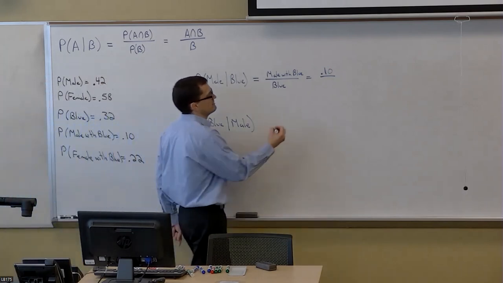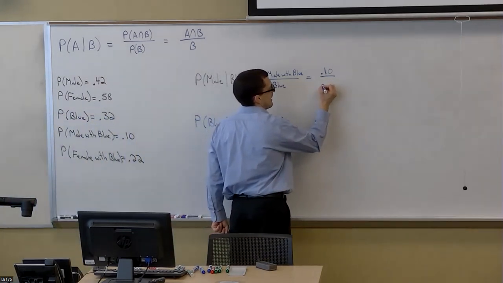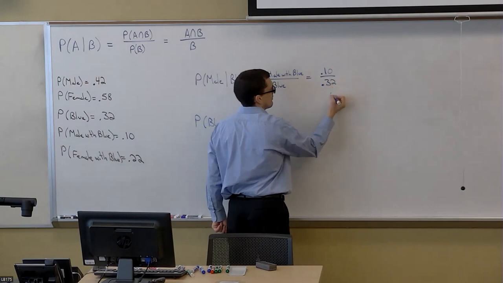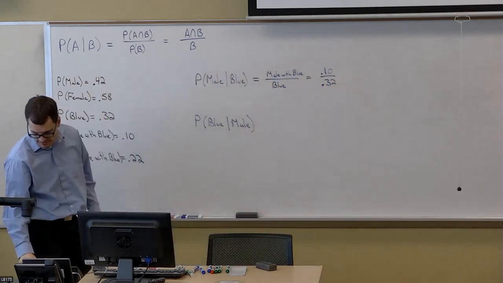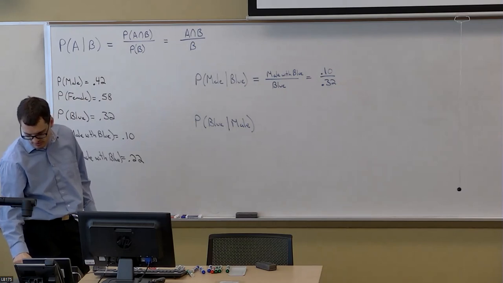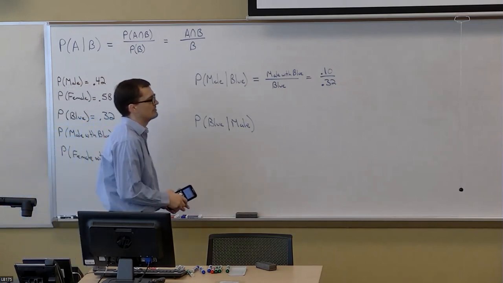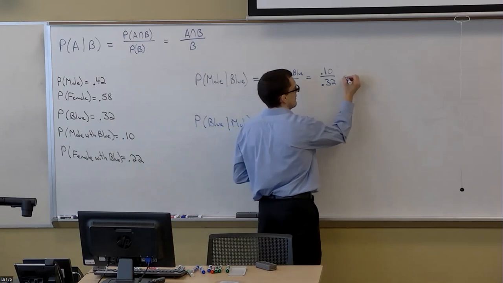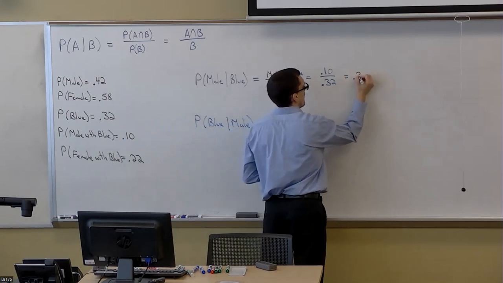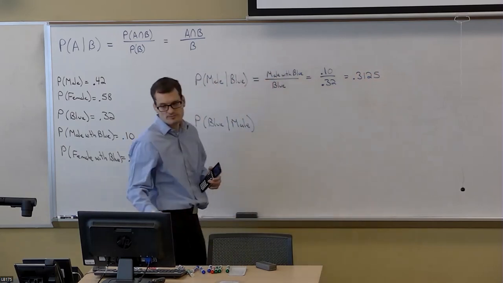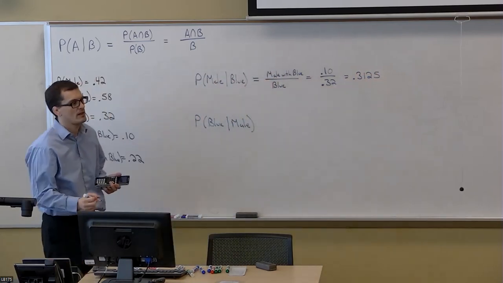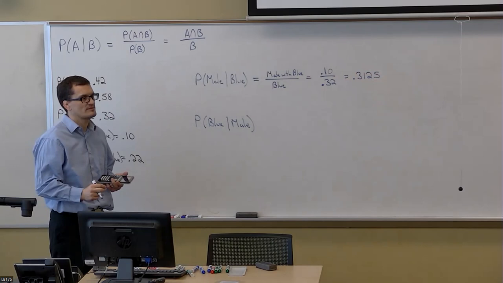So it's 0.10 divided by 0.32. And whatever that happens to be, you would type that in; in this case, it's 0.3125. That makes sense?